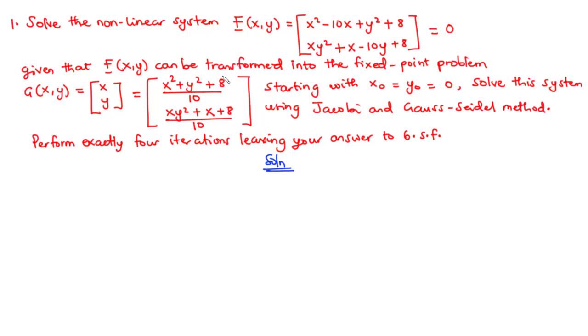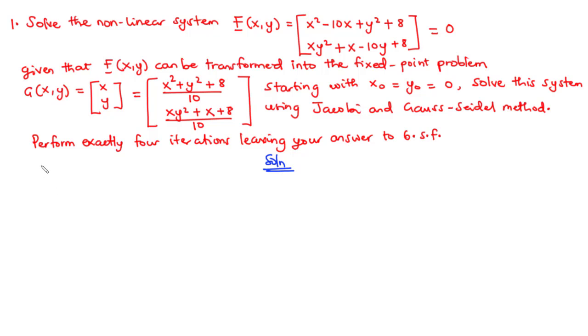In a case where the possible arrangement, that is g of xy, is not given, then you need to find the possible arrangement, and then follow that to find the solution to the given nonlinear system. However, in this case, since the possible arrangement has been given to us, we may just follow that to find the solution to this system.